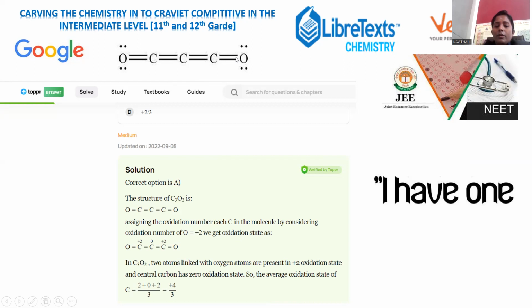Whenever cumulative double bonds are present, we can locate like this. The carbon just adjacent to the oxygen is acquiring +2, because oxygen is -2, right? Immediate carbon is acquiring +2. Here also same case. This terminal carbon is also having contact with oxygen, so here also you can put +2.